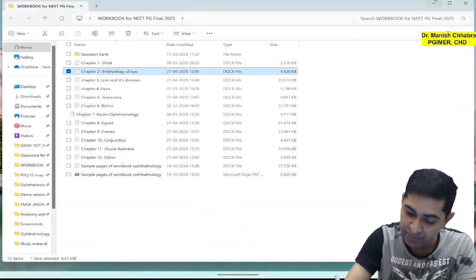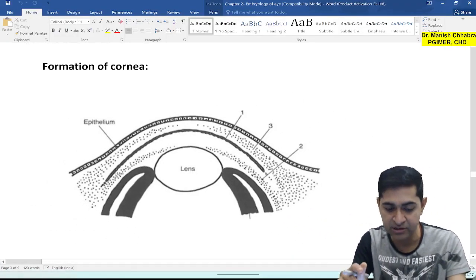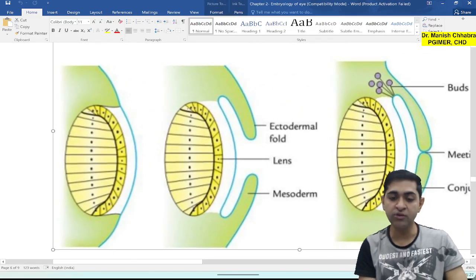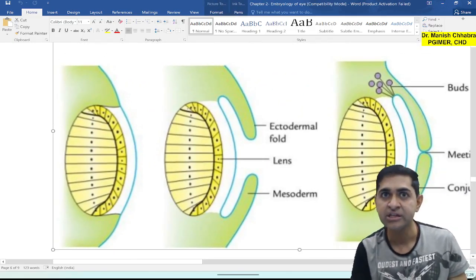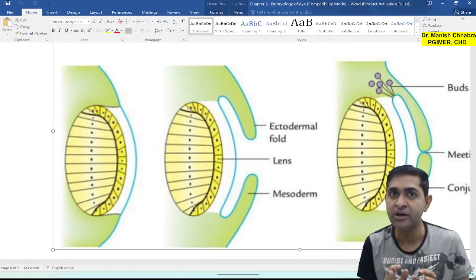Now I am upping the game a little bit more. Now check this out. Once the cornea is formed, we come to the formation of eyelids, lacrimal glands and conjunctiva.